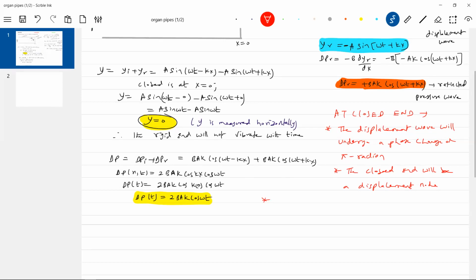the pressure wave will not undergo any phase change.